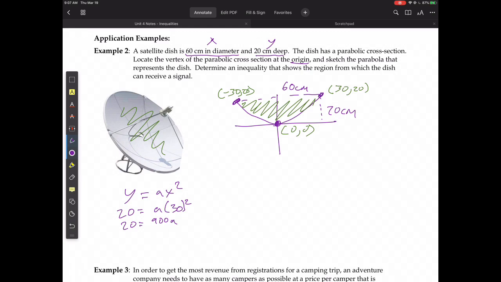And when I divide both sides by 900, a is going to equal 1 over 45 as a reduced fraction. So I can say that y is 1 over 45 x squared, and because it's filled in above this region and can touch anywhere along here, I'm going to say it's going to be greater than or equal to what that is.